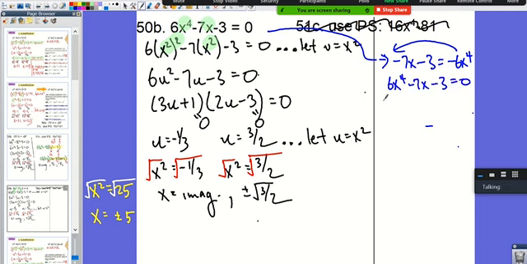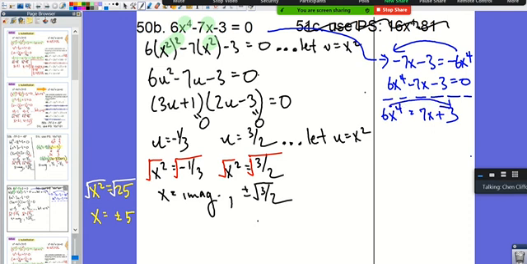Okay, let's say they rearranged it like this. Okay, 6x to the power of 4 equals 7x plus 3. I would move everything in the direction that keeps the largest exponent coefficient, in this case 6, positive. Okay, so I would not move this over here.